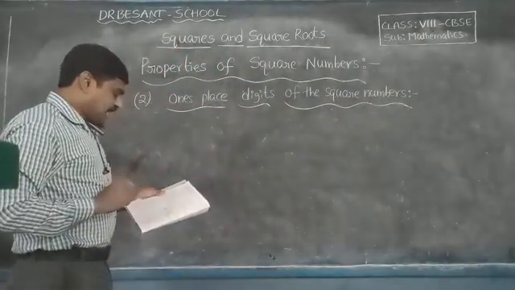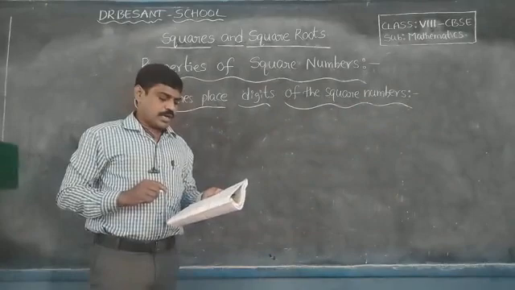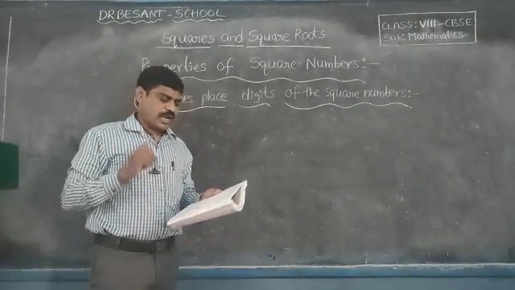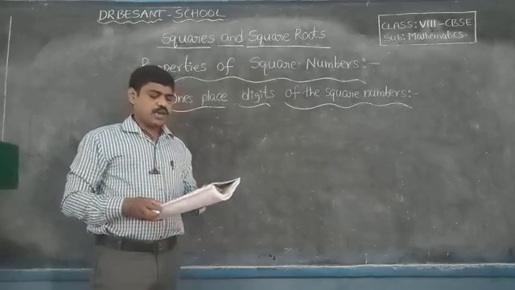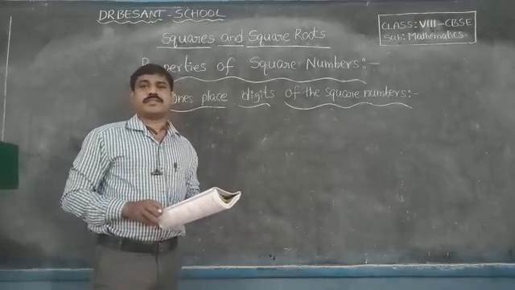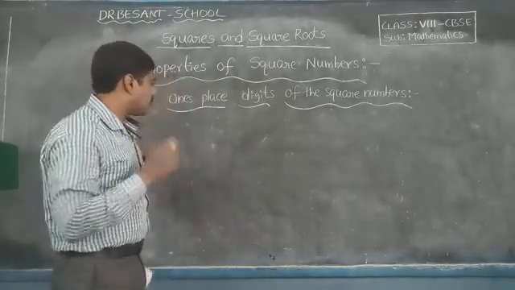The first one, the square of a number has a 1 in its ones place when the original number has 1 or 9. Okay.